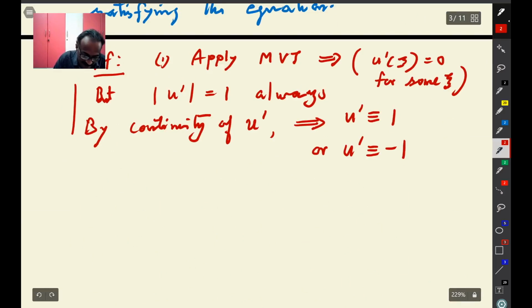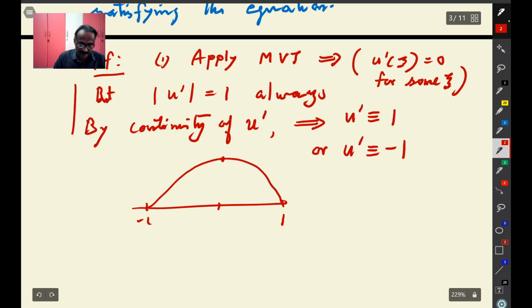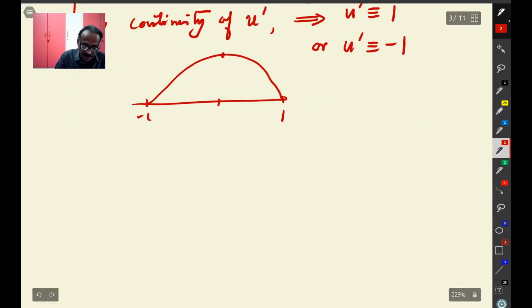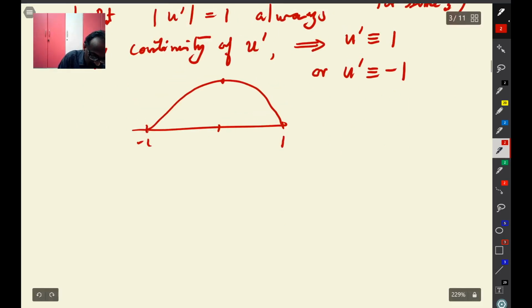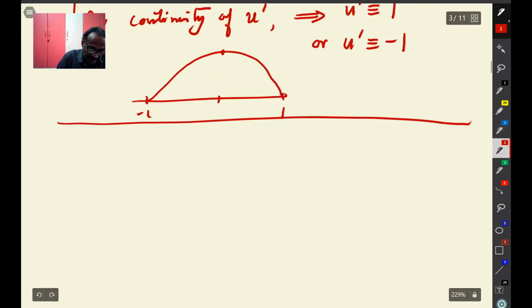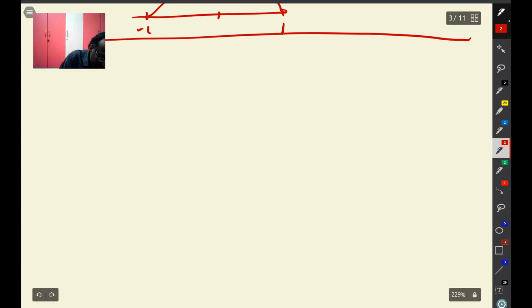This typically says that you have a function with u of minus 1 here and u of 1 here, and somewhere you will get a 0, so you cannot have the slope be 1 all the time. But interestingly, suppose you relax. Look at this function now.